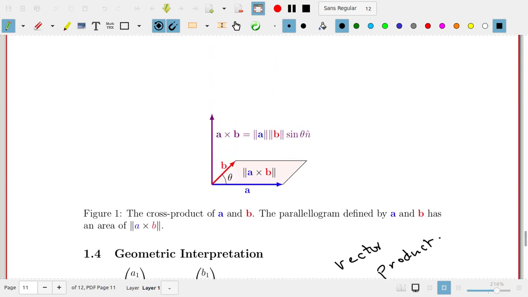If the parallelogram is defined by A and V, and this side is of course A, and this side is of course V, the area is the modulus of A cross V.